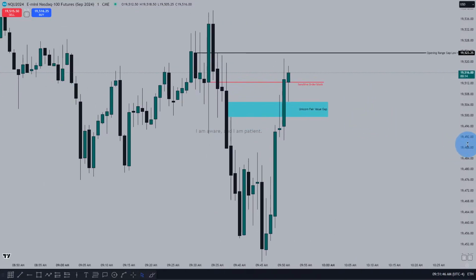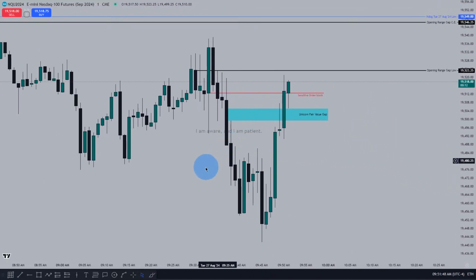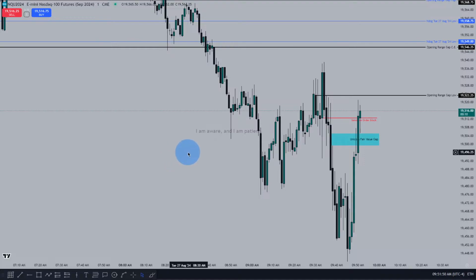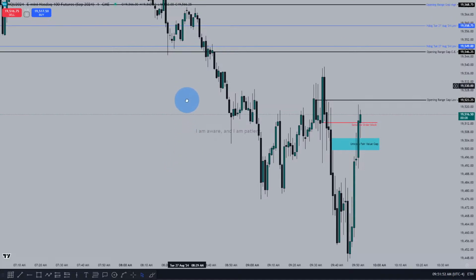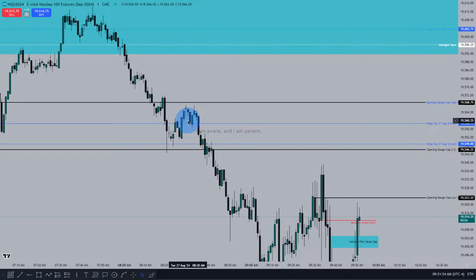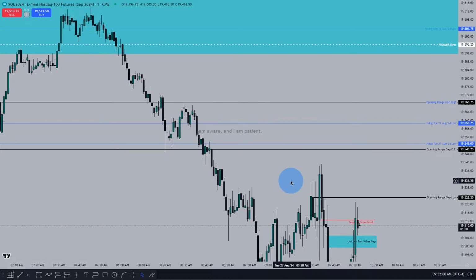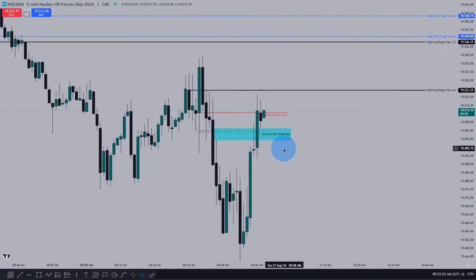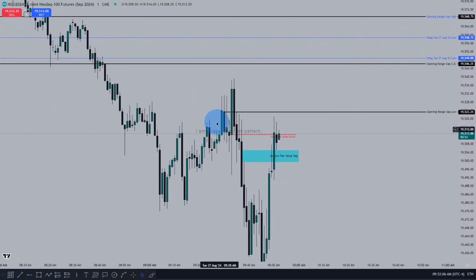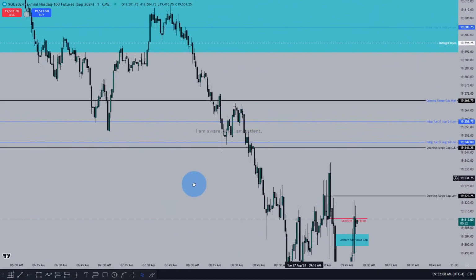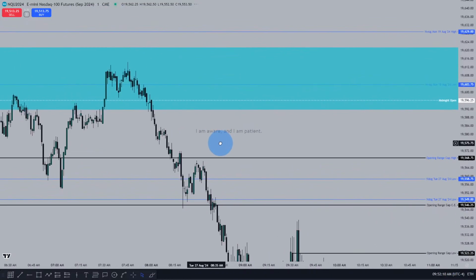But yeah, where is the 8:30 open actually? 8:30 open is way up here. So I don't like that the opens are so high up and we're so down low. That puts us in a very deep discount.